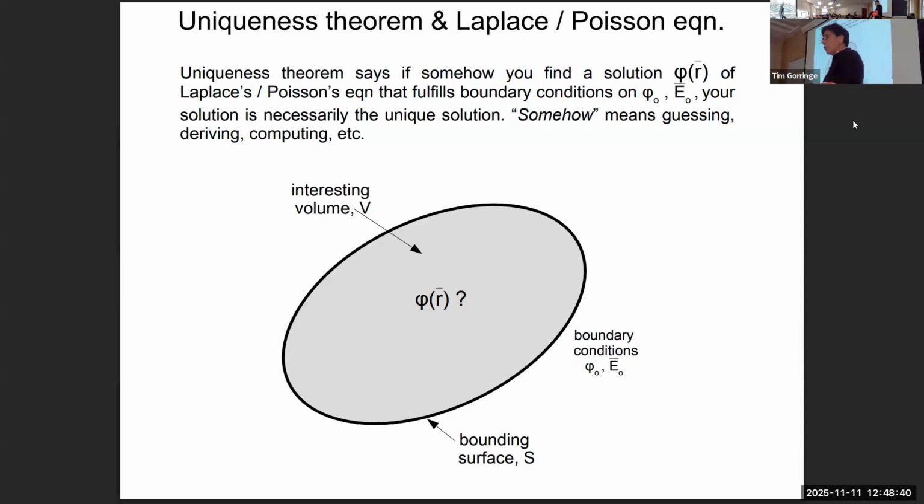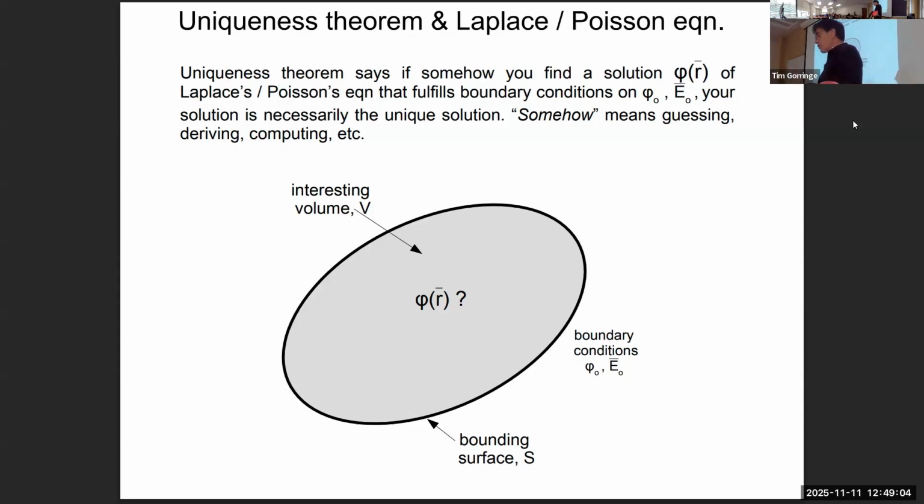you come up with a solution to this problem for the potential in a region of interest that matches the boundary conditions on that potential in that region of interest. So it matches the boundary conditions, I call them phi naught on the potential and E naught on the electric field.